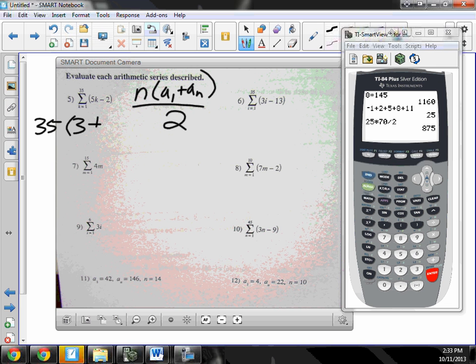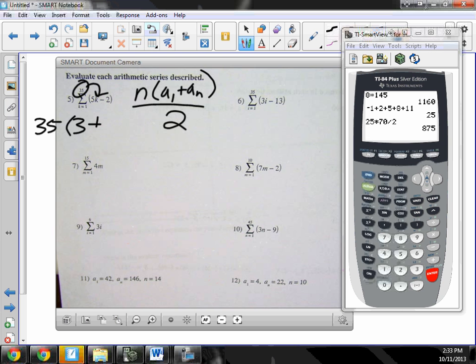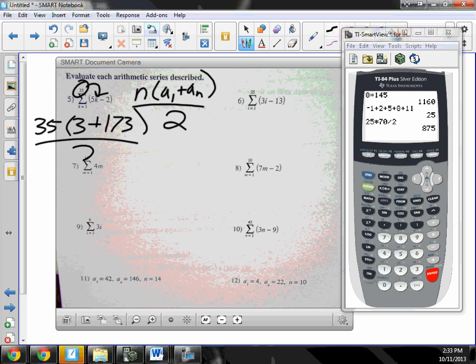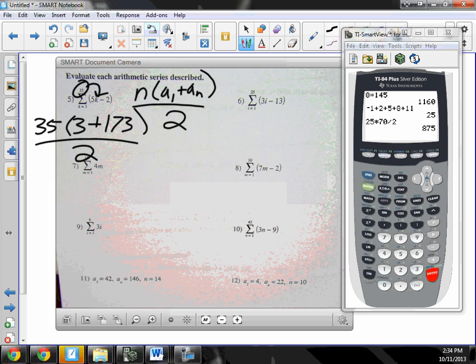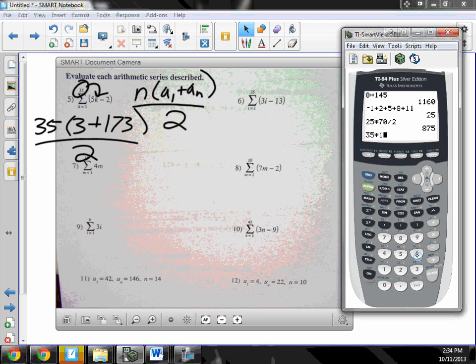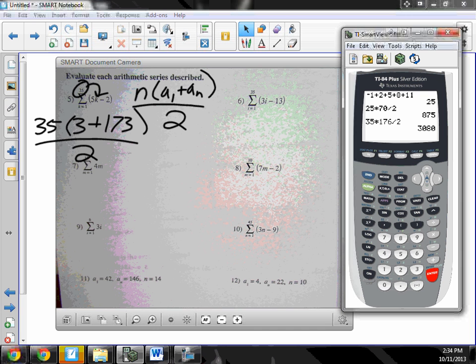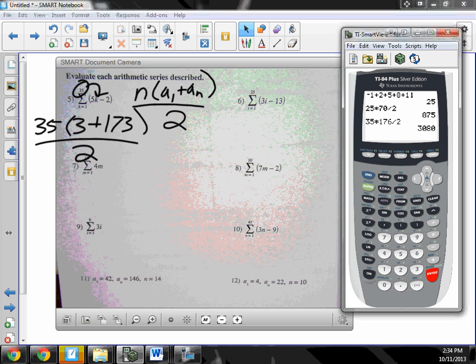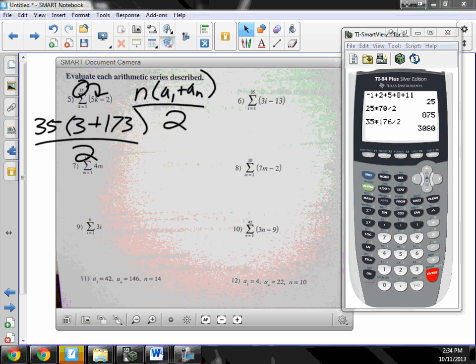Plus, what is a sub n? And how'd you get 173? I'm going to plug this in here. So that's 5 times 35 is 175 minus 2 is 173. And then I'm going to cut that in half. So 35 times 176 divided by 2. Did I mess up? Okay, 3080.